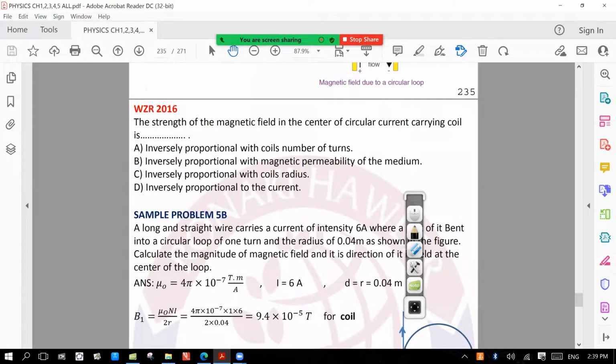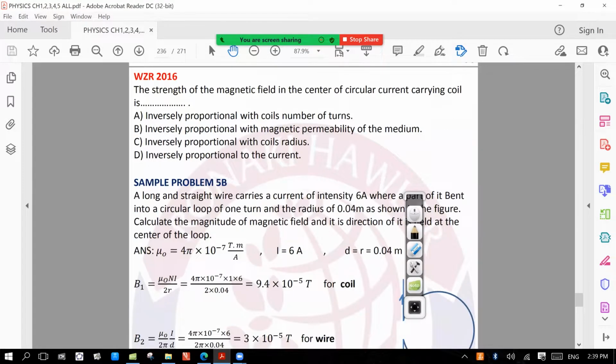We have this bizarre question 2016. The strength of the magnetic field in the center of the circular current carrying coil is directly proportional to the coil numbers. In that case, if you want to answer that question, you should simply use the formula. We have mu naught N I over 2R.